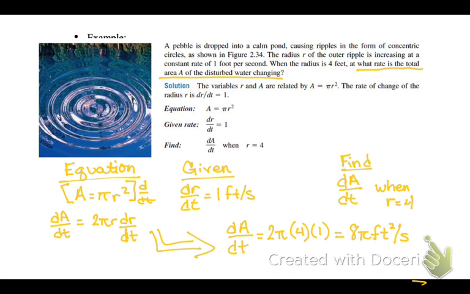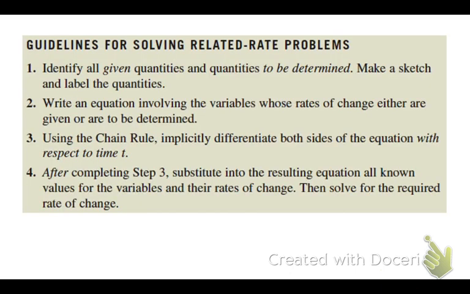I got 2 more examples for us. This is all weird. Oh, these are guidelines. They're in your textbook if you want to write them down in detail. It's identify the given quantities and determine what is to be found, sketch and label a graph, write the equation, use the chain rule if you need to, and substitute back in.